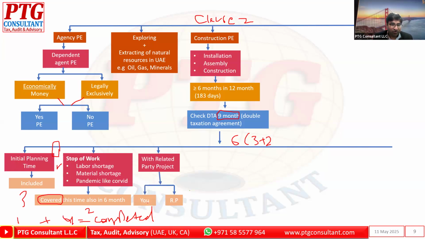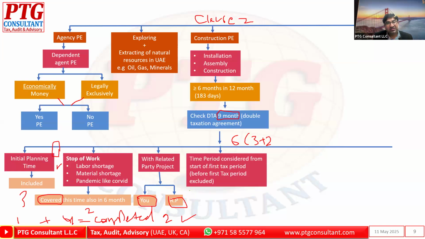With a related party project, yes, this time also will be part of that. Maybe here you work for 2 months. So now 1 plus 4 plus 2 is 7. So again, you will meet the condition of PE.